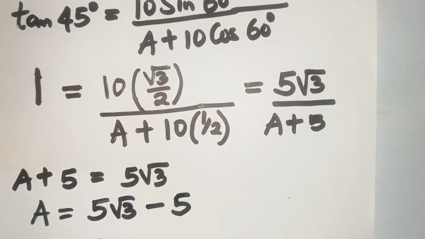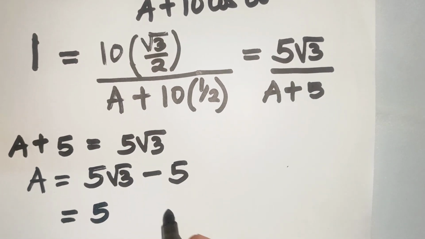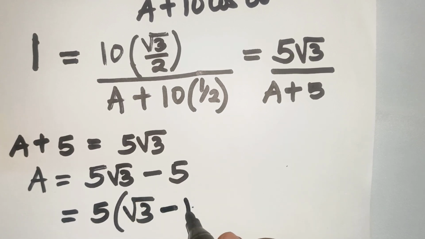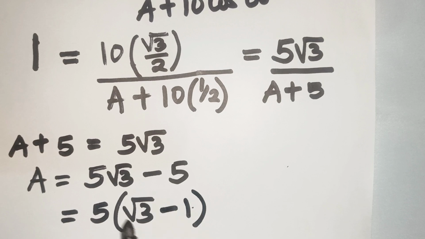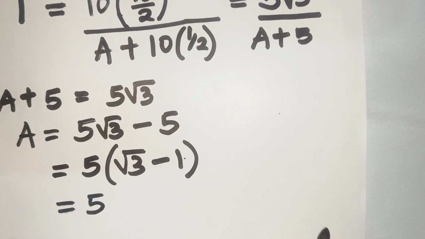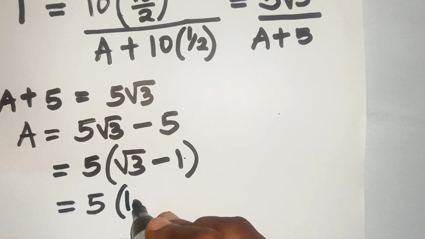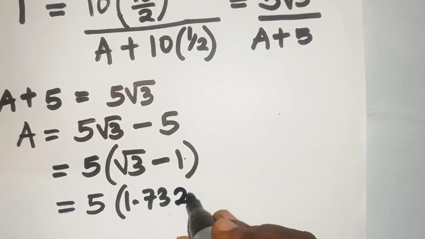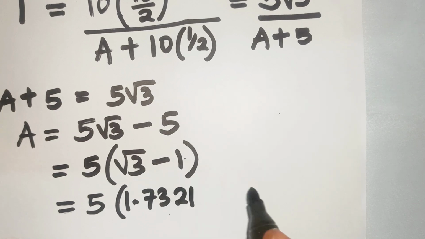So this is equal to 5 into root 3 minus 1, since 5 is common to both terms. So this is going to be equal to 5 into the value of root 3, which is 1.7321, minus 1.